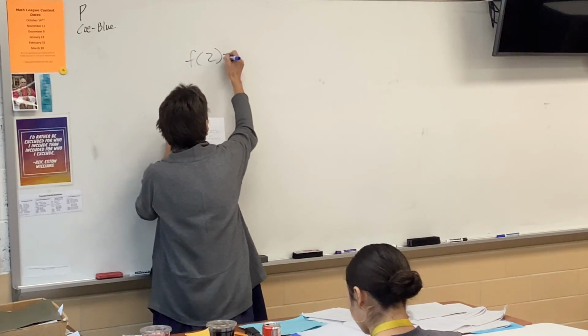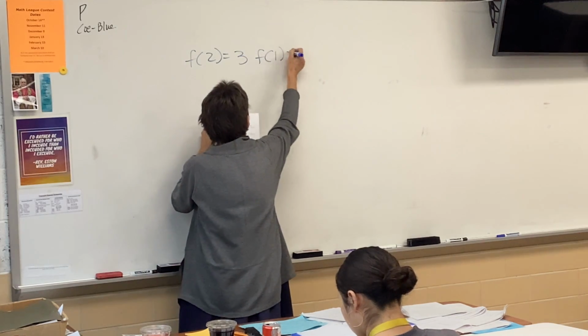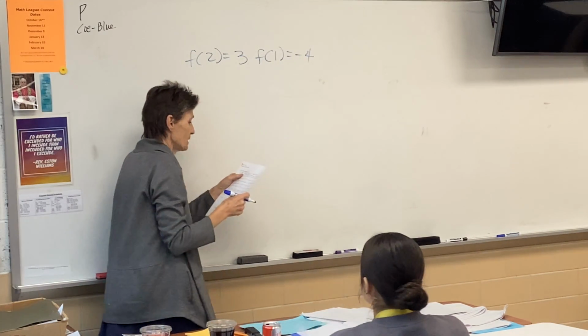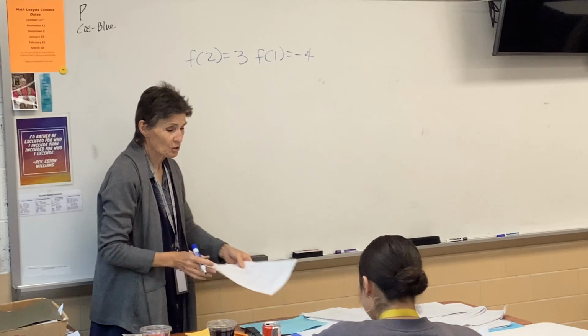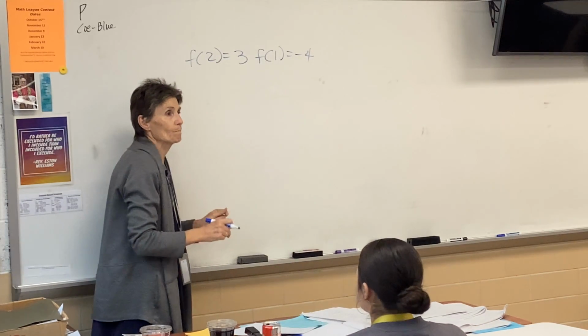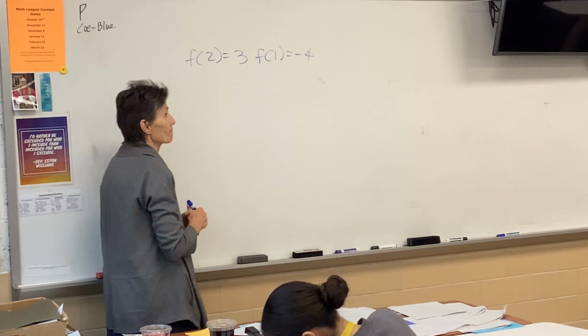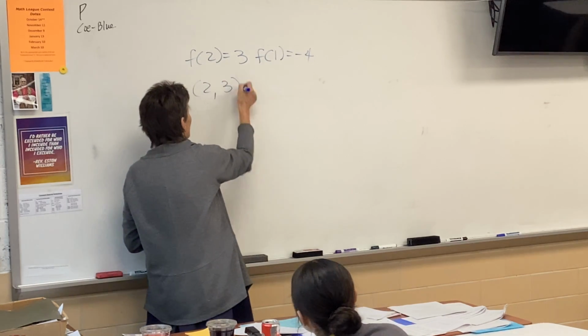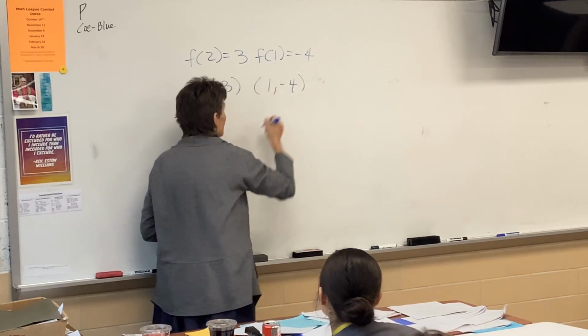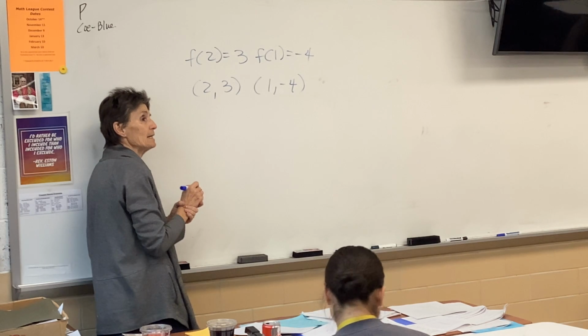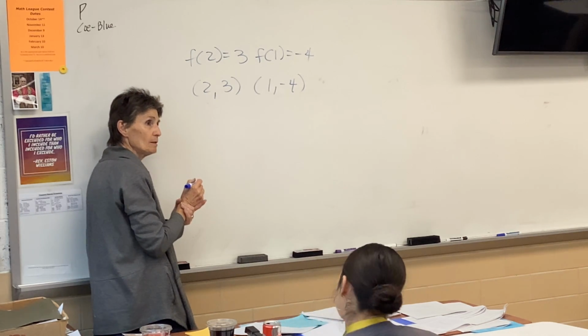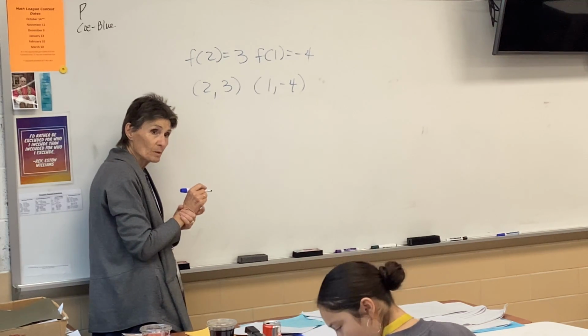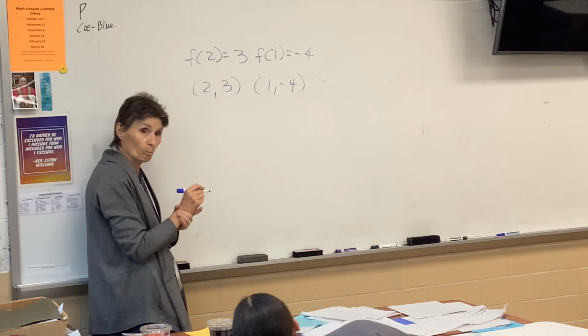All right, here we go. We're going to write a linear function given this information. Who remembers what we do? These are ordered pairs. We're doing a linear function, which means line, which means slope, right?